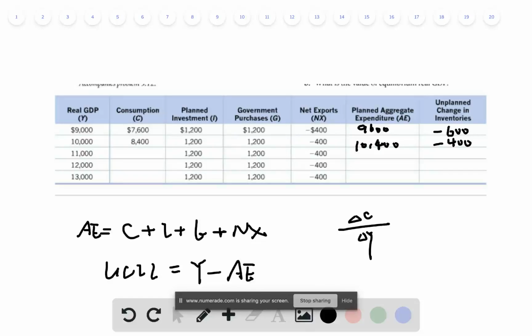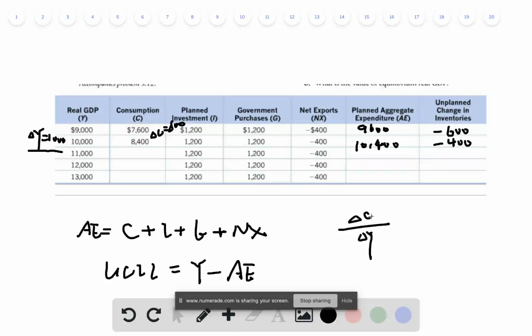So now we already know the consumption for two years. The change in real GDP in these two years is 1,000, right? And you can check that for each of these years, the change in real GDP is always 1,000. And we have seen that the change in consumption in these two years is 800.